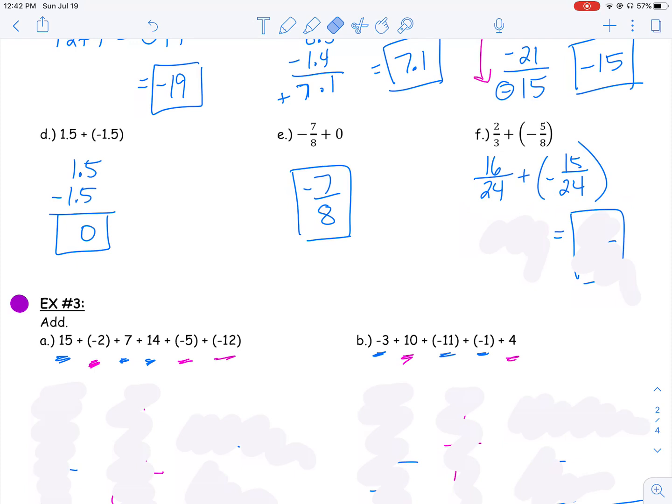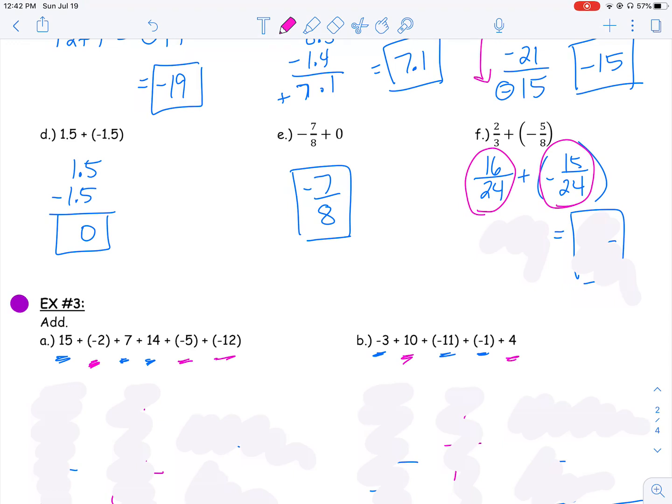I ended up getting 16 over 24, plus a -15 over 24. And now that I have common denominators, I can more easily add these numbers together. I have positive 16 over 24, and a negative 15 over 24. They're opposite signs, so I want to subtract.